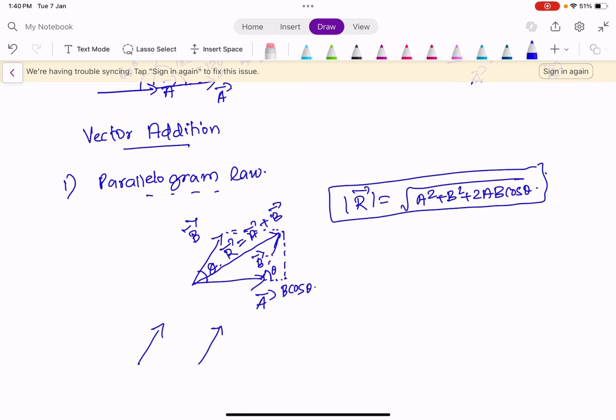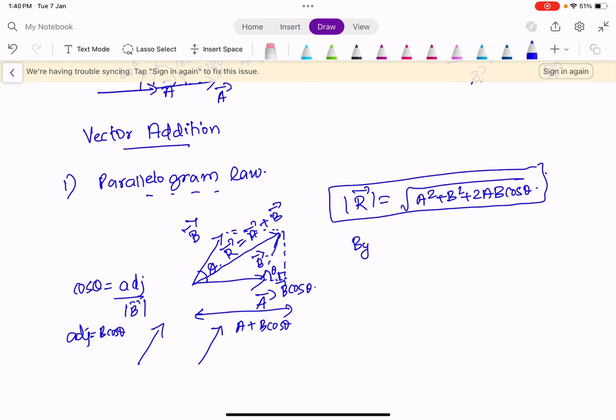How? If we take cos theta equal to adjacent side by hypotenuse, the hypotenuse is mod b. So the adjacent is b cos theta. So this much length will be a plus b cos theta, correct? If you are neglecting the magnitude. And this is perpendicular. So we know the resultant can be calculated by the Pythagoras theorem.